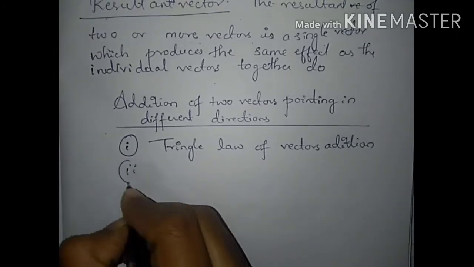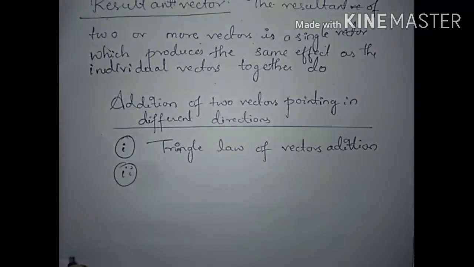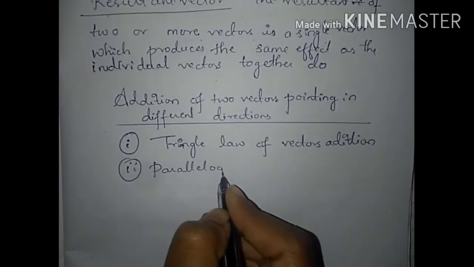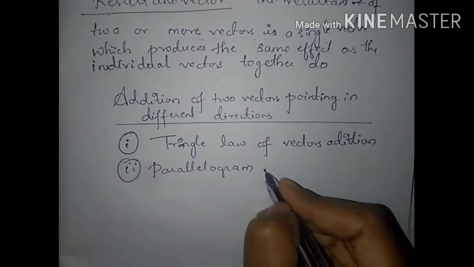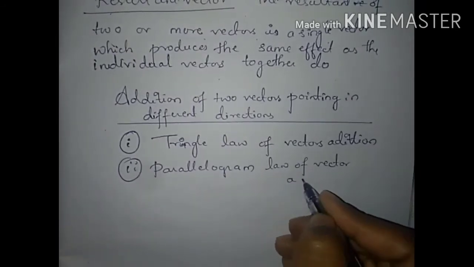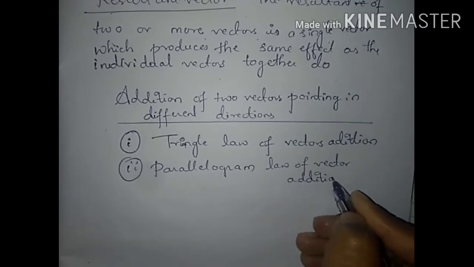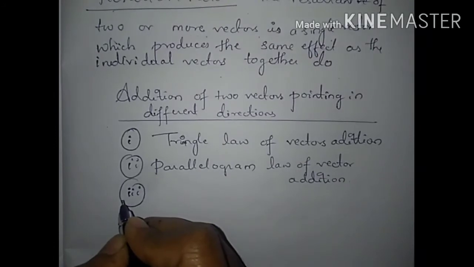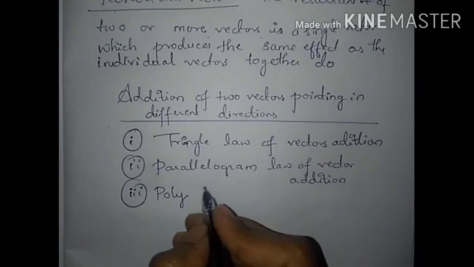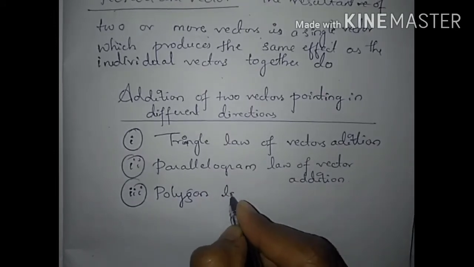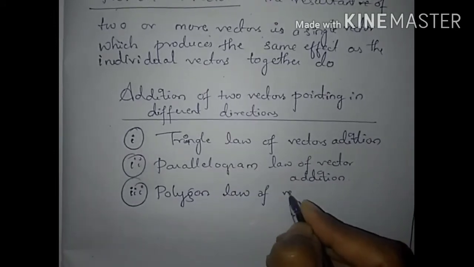The second one is the parallelogram law of vector addition. And there is another one, that is the polygon law of vector addition.